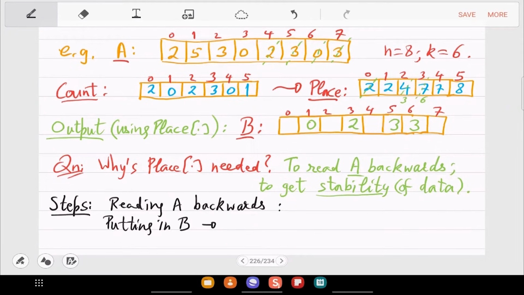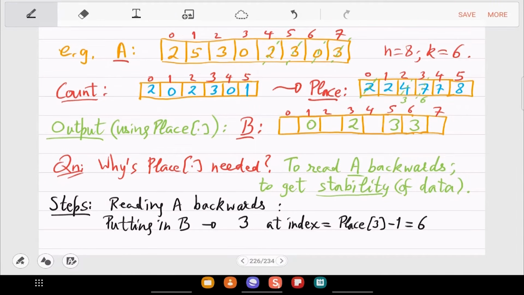First we put 3 at index place. What does 3 say? So 3 says 7, so 7 minus 1, so at 6.